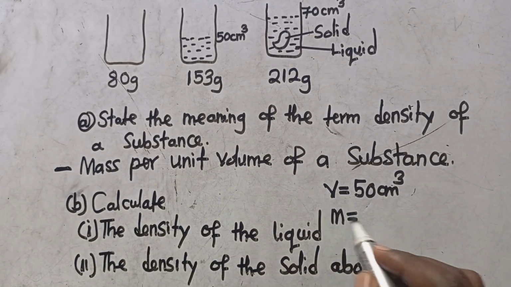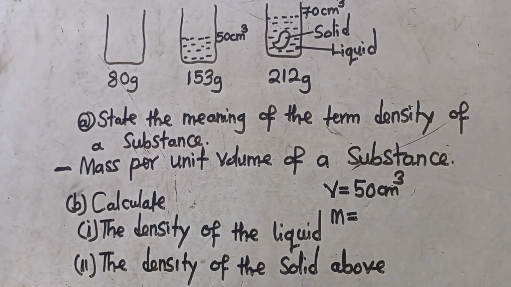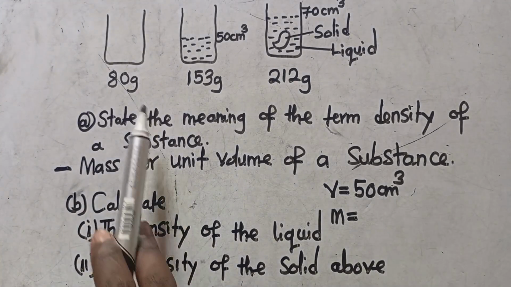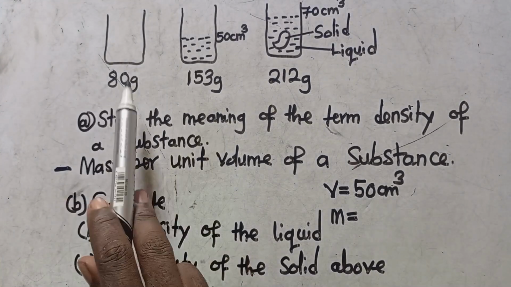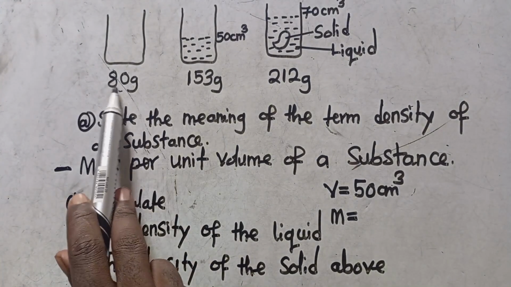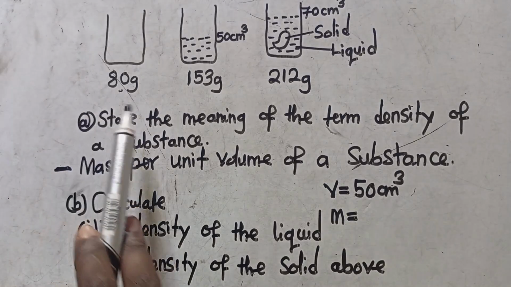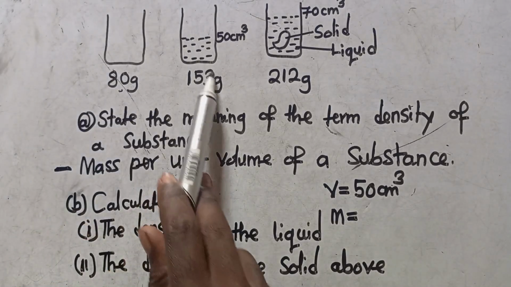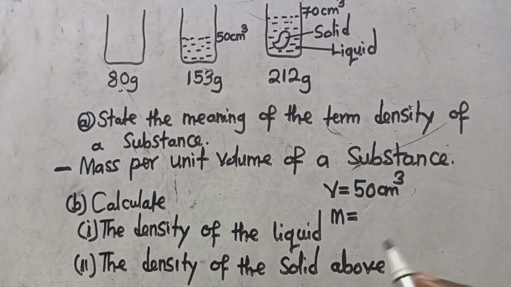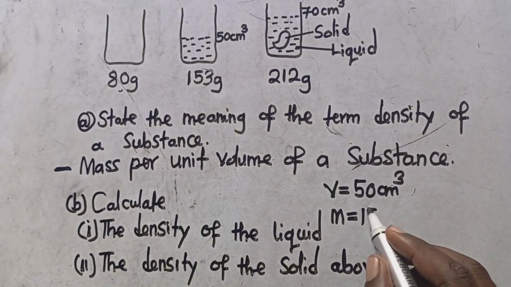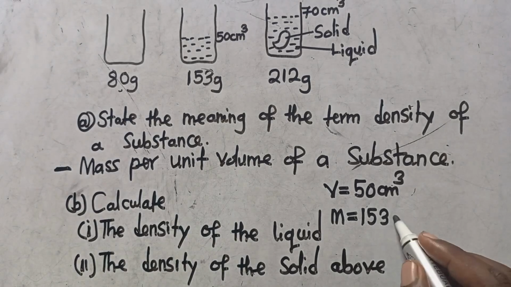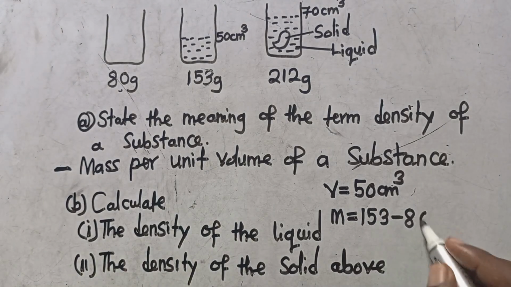What is the mass of the liquid? To find it, we know that the empty beaker is 80. So from this 153, we remove the mass of the beaker so that we remain with the mass of the liquid, so minus 80.